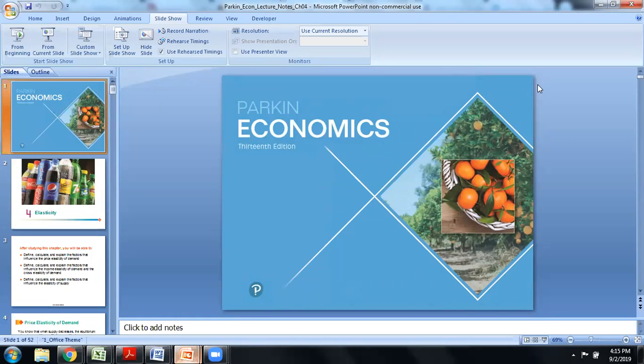So, elasticity in a nutshell is the sensitivity of the quantity demanded to a change in price. In other words, as a buyer, as a consumer, how much am I affected by a change in price for your product?